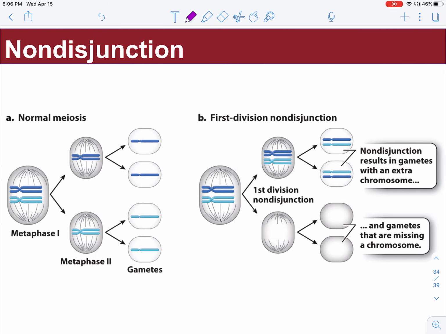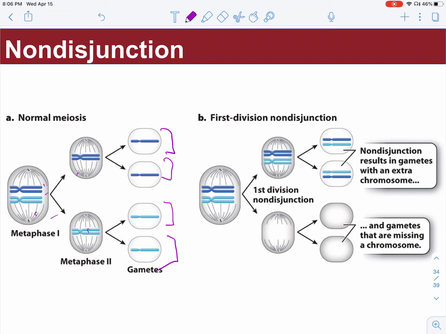And so here's a normal meiosis. This is for one chromosome. In humans, we have 23. This is just looking at one, right? As we said before, in normal meiosis, you have four haploid products from one diploid parent cell.